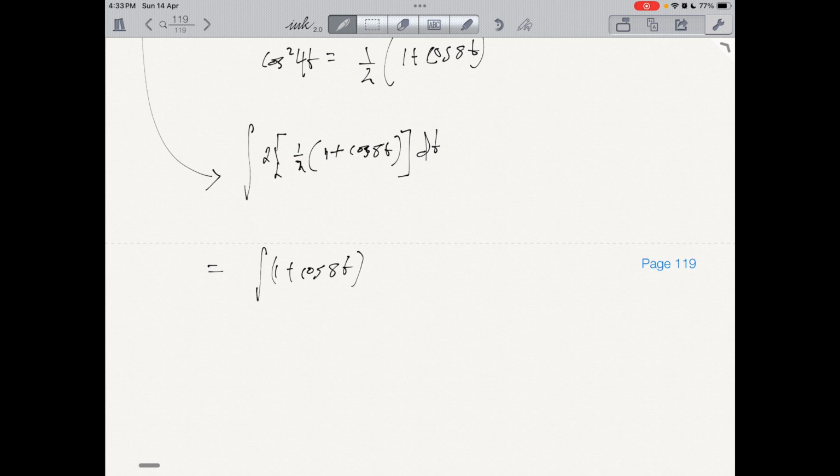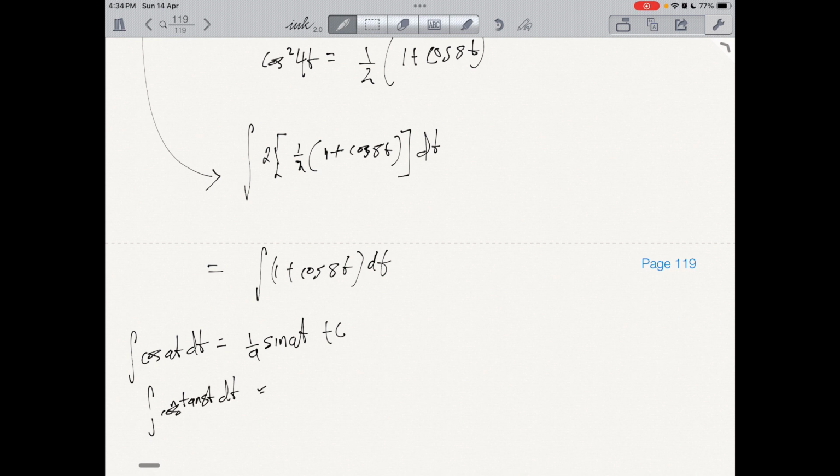Now this can be simplified in standard form, because we know that integrating cos 8t dt will give us 1 over 8 sine 8t plus c, and integrating a constant with respect to t will give us kt.